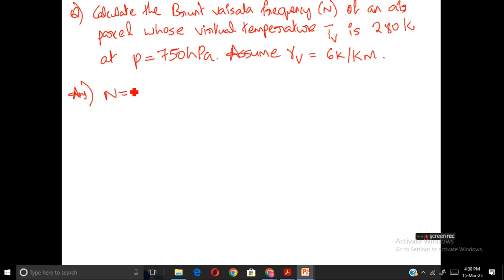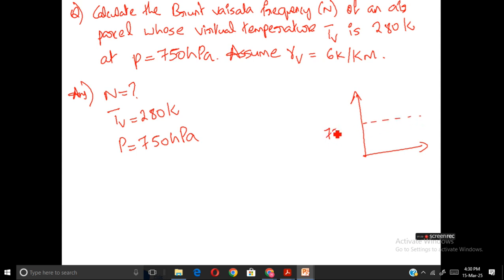So we have to calculate n for an air parcel whose virtual temperature is 280 Kelvin, pressure is 750 hectopascal. So there is an air parcel at 750 hectopascal from the surface, which is having a virtual temperature, which basically shows how much water content is there in the parcel. Tv is 280 Kelvin, and gamma v is given as 6 Kelvin per kilometer.